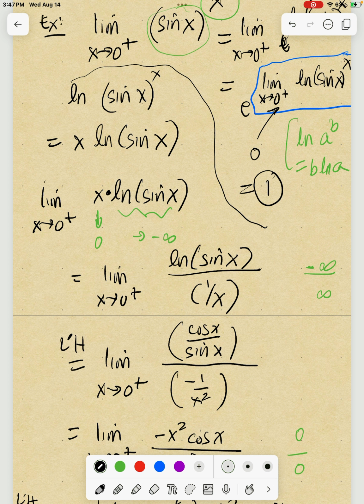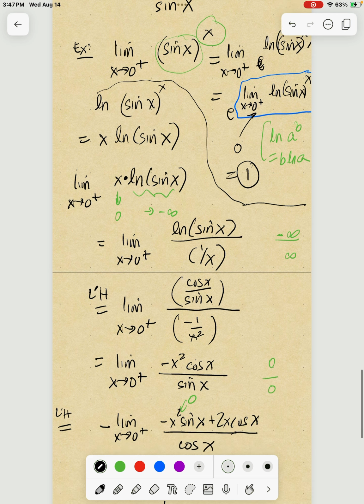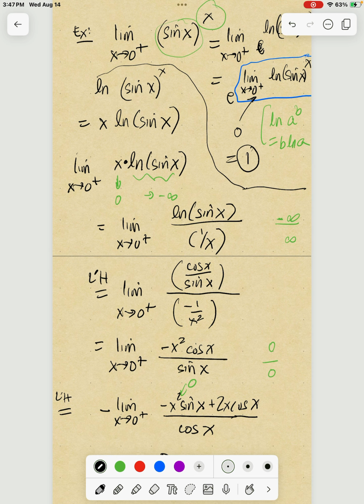Okay. And this is fairly typical of the type of algebra that you see. So this is a L'Hopital's rule limit, and as you notice, the algebra shows up in the step. If you didn't know how to get from here to here, you would be in trouble.